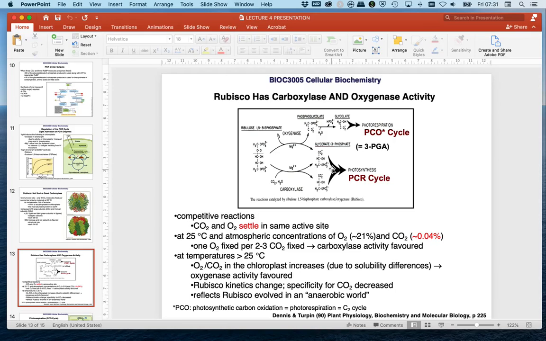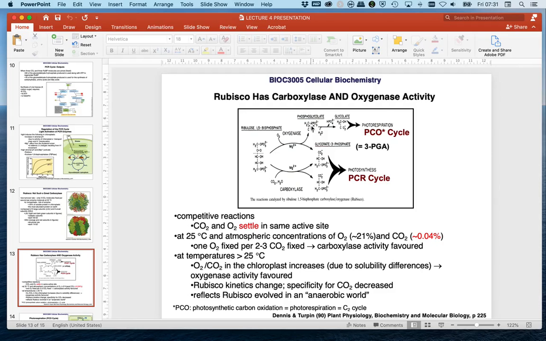But the issue here is that Rubisco also recognizes oxygen, and oxygen settles into the same active site as CO2. So there's competing reactions happening here. The same active site will accept both CO2 and oxygen. When oxygen settles in the active site of Rubisco, then we see it being fixed to RuBP, and the products are a single molecule of 3-PGA plus a molecule of phosphoglycolate.